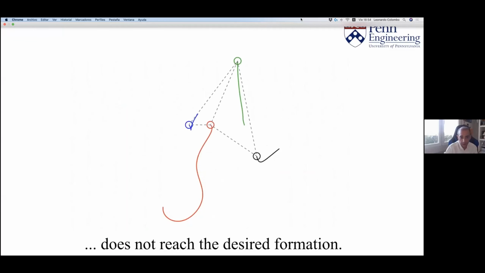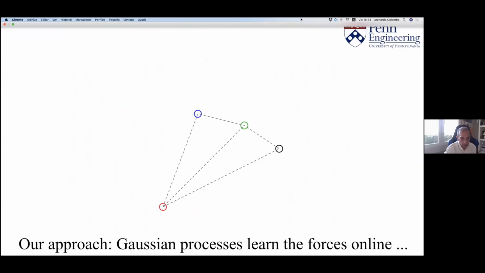The nominal dynamics doesn't allow us to reach the desired formation, and Gaussian processes can learn the unknown forces online and reach the desired shape.